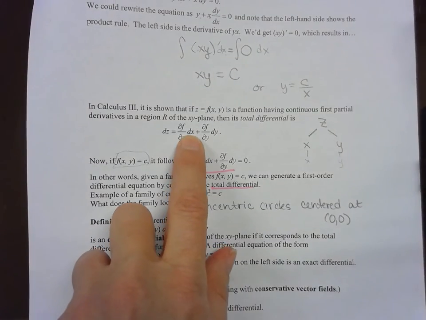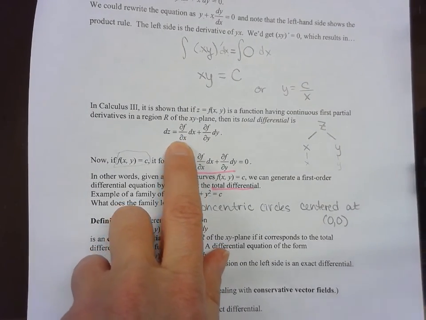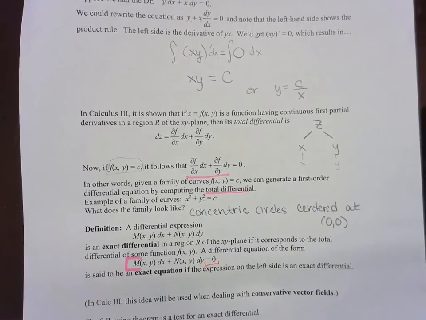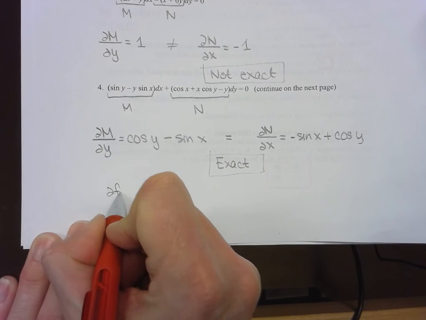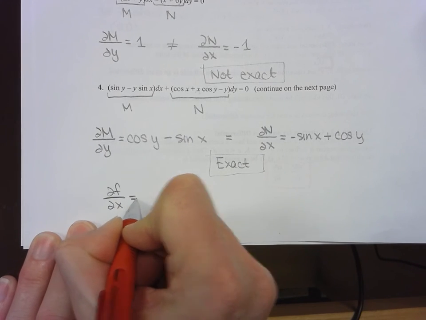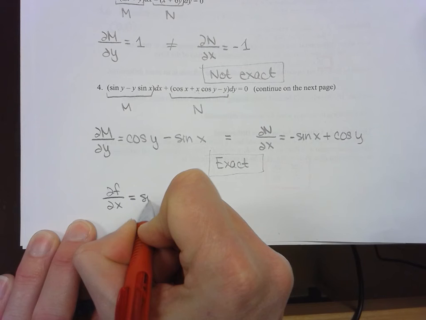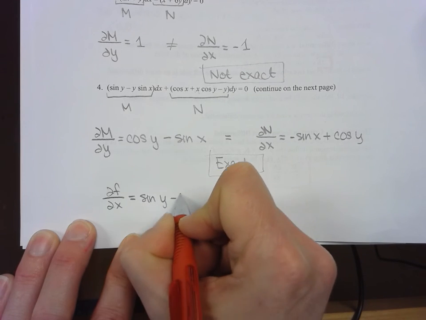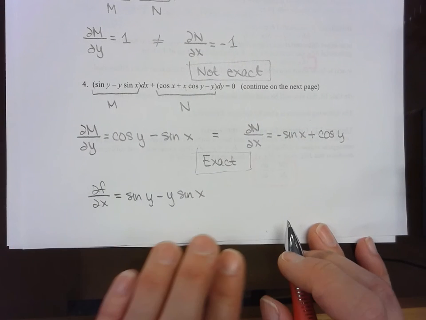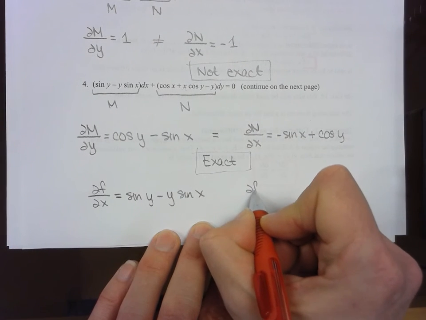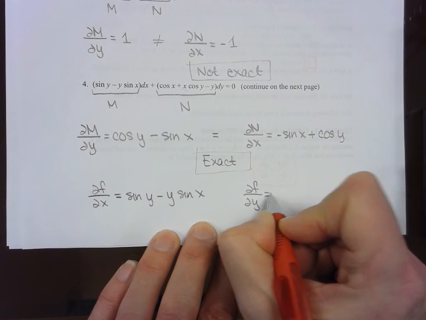So what's in front of the dx is the partial of the original function with respect to x. So we know that the partial of f with respect to x is M, so sine y minus y sine x. And the partial of f with respect to y is N.